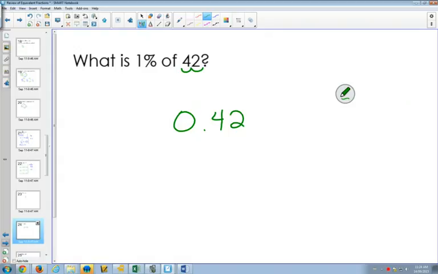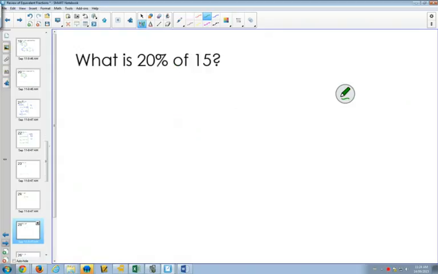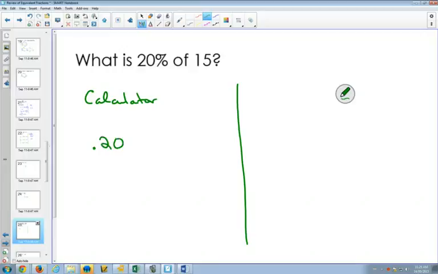But whenever you get values that are other than that, that's where you might want to go to your calculator. I'm going to show you how to do this one with mental math as well, but here we want to find 20% of 15. So in our calculator, I'm going to change 20% to a decimal, 0.20.